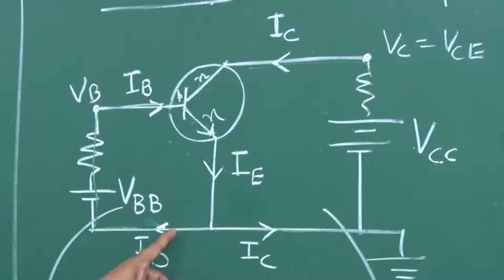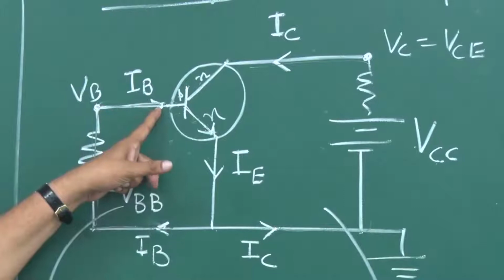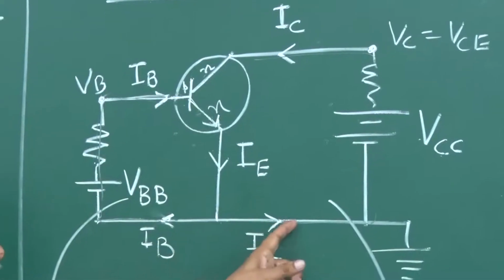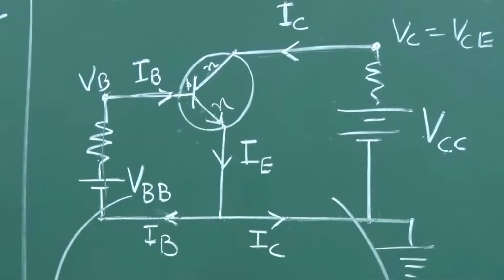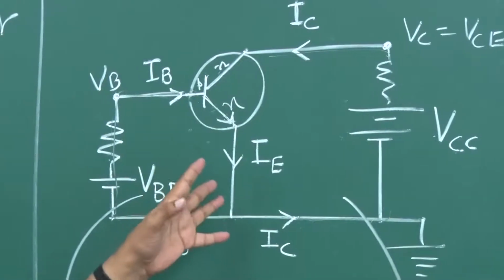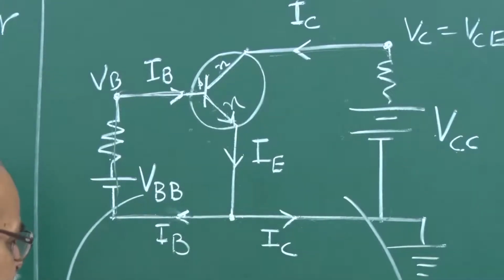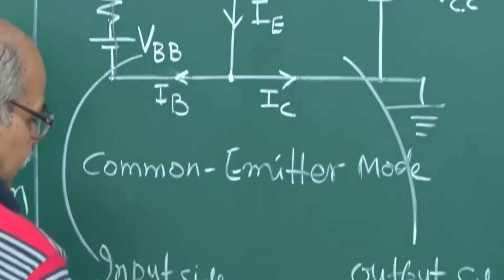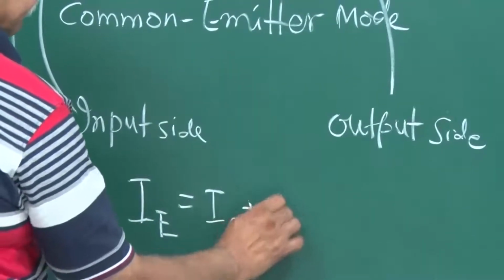The current which goes in this direction only goes through this and then reaches here. Similarly, the current which goes like this only goes and reaches here. You can apply Kirchhoff's junction rule at this point, and you can see that IE is equal to IB plus IC.